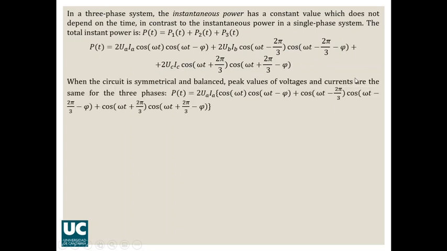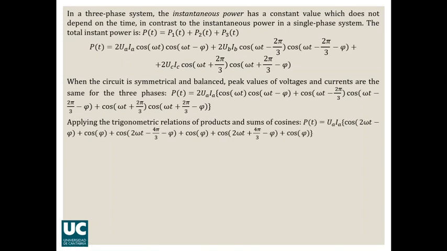As the system is balanced and symmetrical, the values of the voltages and currents here, in these 3 terms, should be equal, they should be the same. So we can extract them from the expression, and then we will have the sum of the products of cosines, the sum of these 3 components which have the products of 2 cosines each.